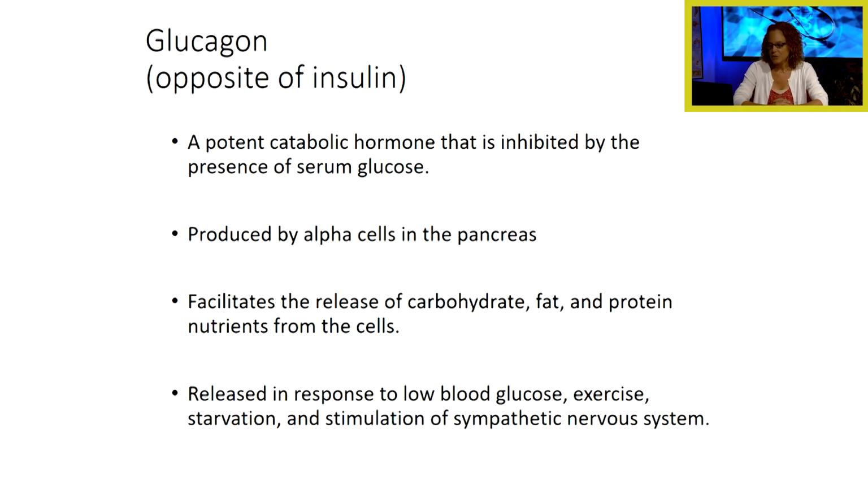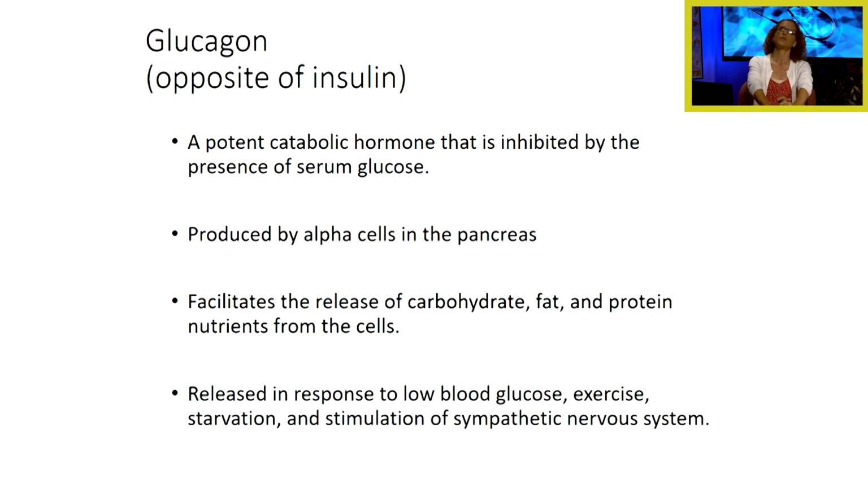And it actually facilitates the release of carbohydrate, which is glucose, sugar, fat, and protein nutrients from the cell. And so it's released in response to low blood glucose, exercise, starvation, and stimulation of the sympathetic nervous system.